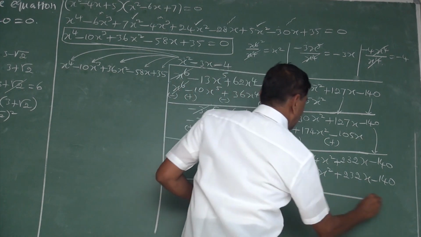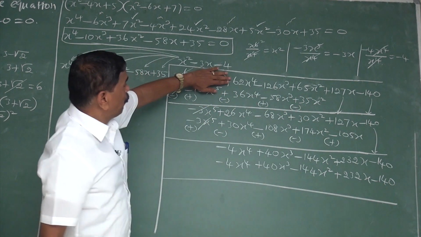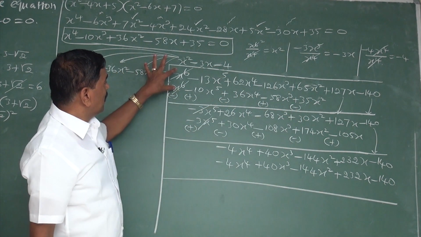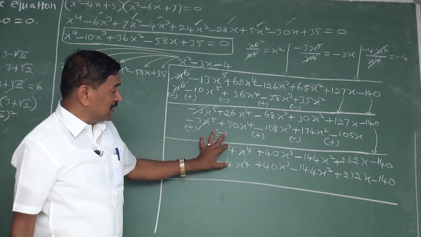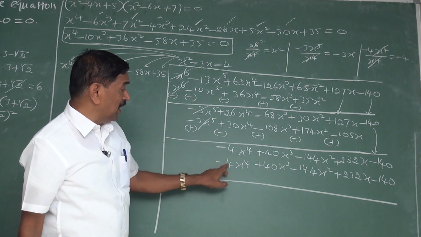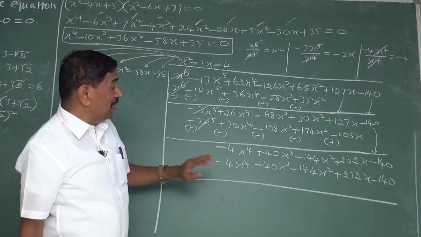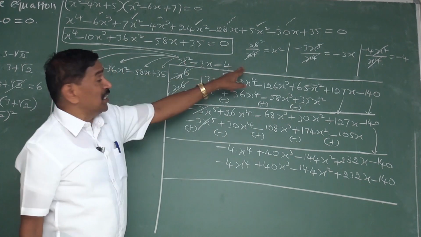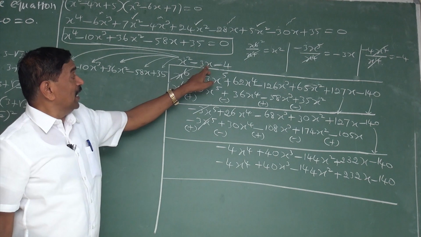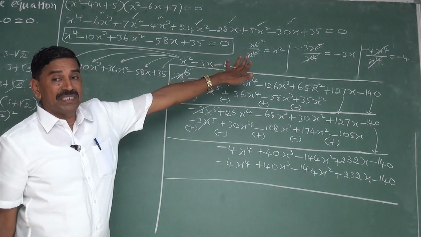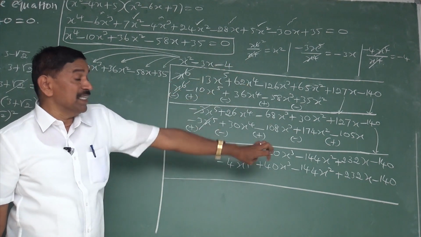Now listen, step 1, step 2, step 3. The first terms are equal, first terms are equal, first terms are equal. Minus 4x power 4 and minus 4x power 4 are equal. Also consider the quotient will be of the form x square, x, constant. So that's all, the division is completed.